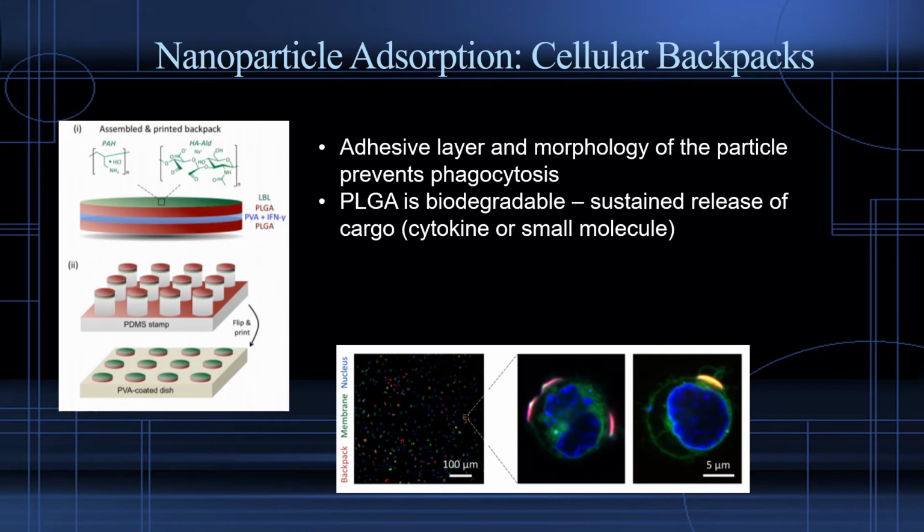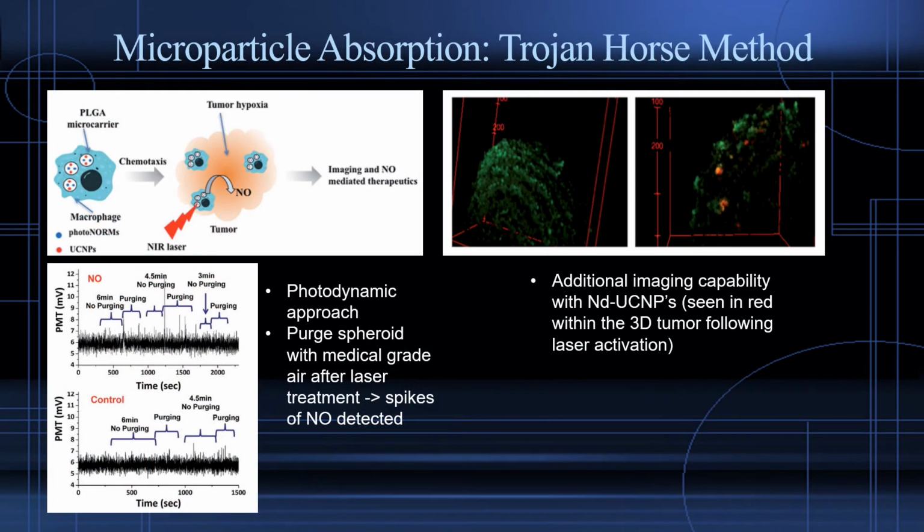Our other option, absorption. So here we have PLGA particles that are loaded with light-sensitive nitrous oxide releasing chemicals, as well as imaging agents. That's what the UCNP is. So they're phagocytosed.